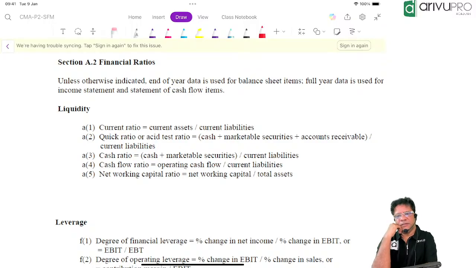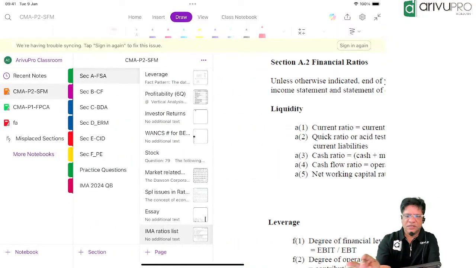Okay, done. So these are the 5 ratios we are going to study in the first category of ratios, liquidity ratios.